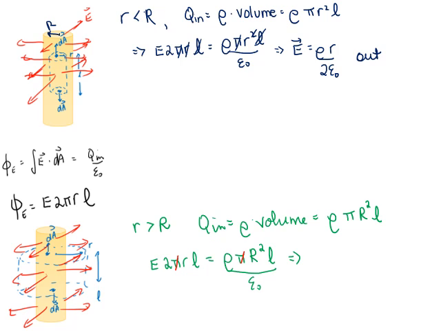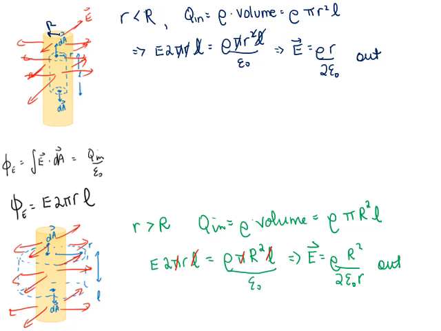Divide both sides by pi, divide both sides by L. We don't get anything else that cancels. We're left with our electric field equal to the density rho times R squared divided by 2 times epsilon naught times r. Again, it's a vector, so we would say the direction is radially outwards. So there's the electric field inside and out.